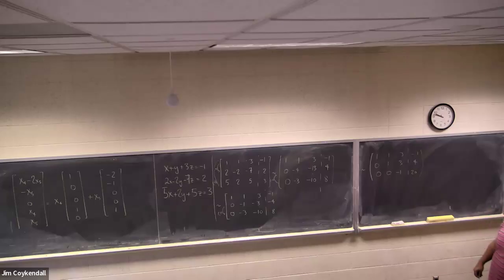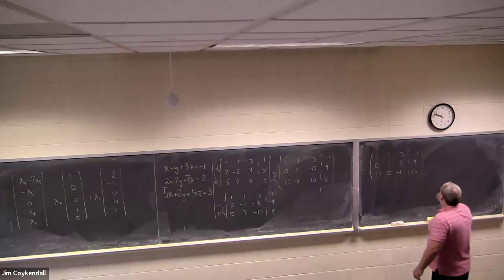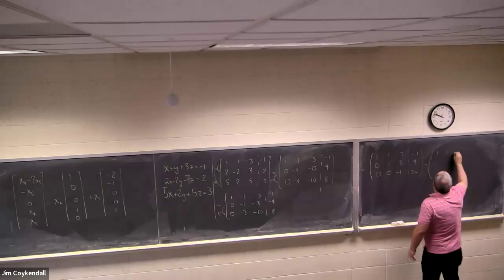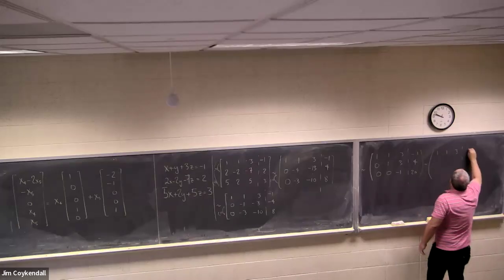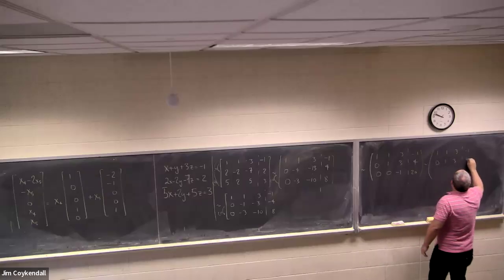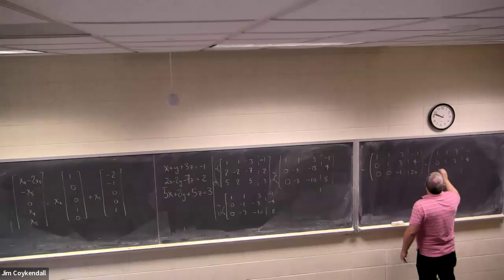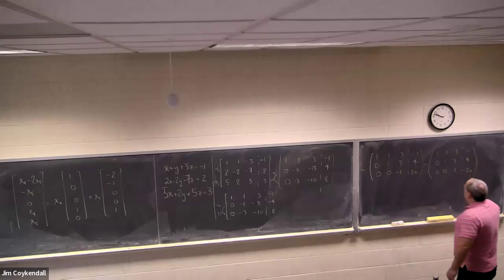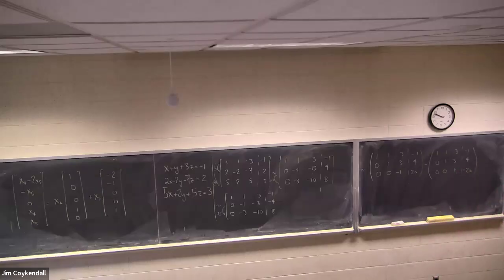At this point, I could back substitute, right? I could back substitute because now I know that z is -20 and I can use this.